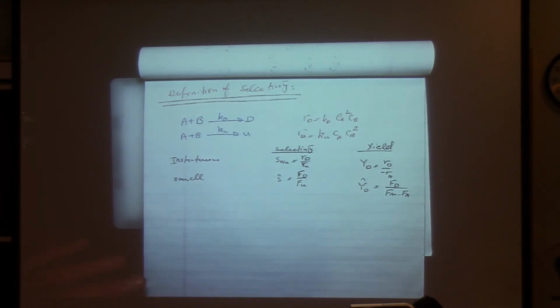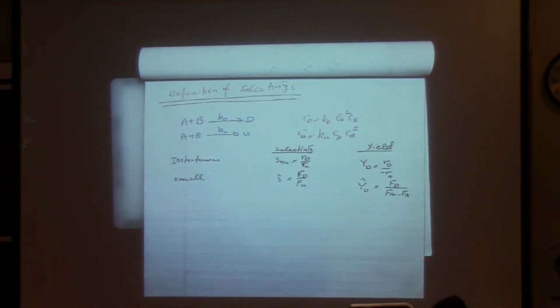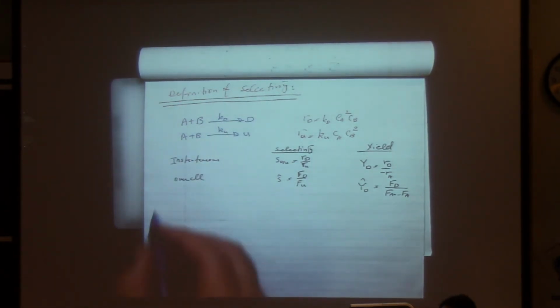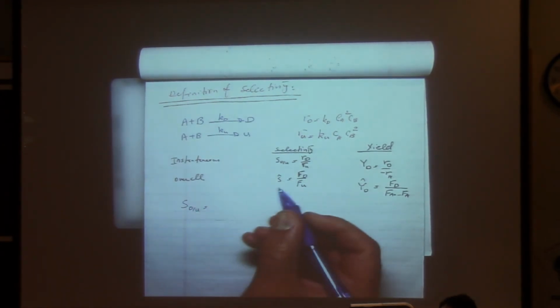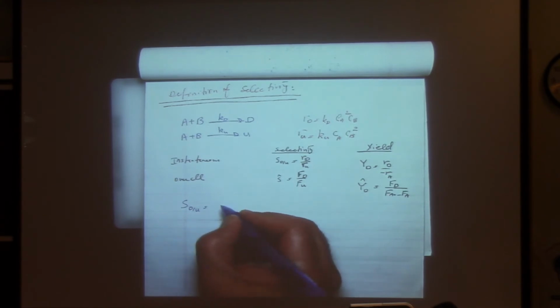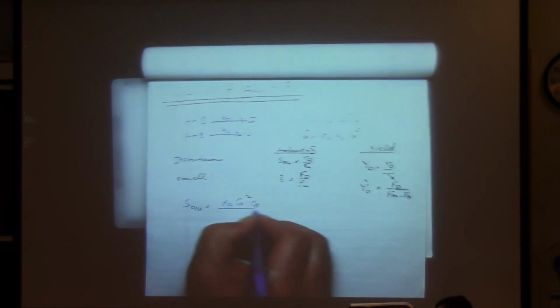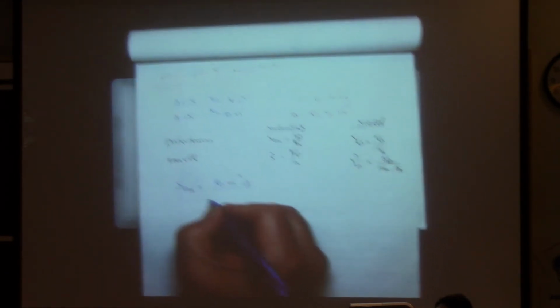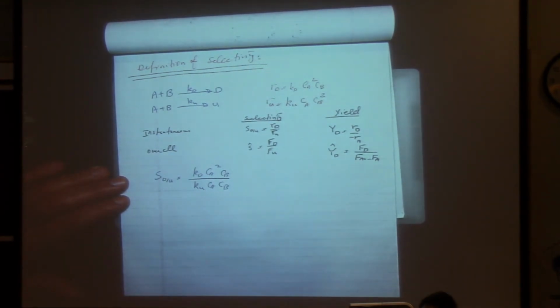Okay, so for this specific question, S_D/U, the selectivity of D over U, would be k_D C_A squared C_B over k_U C_A C_B squared.